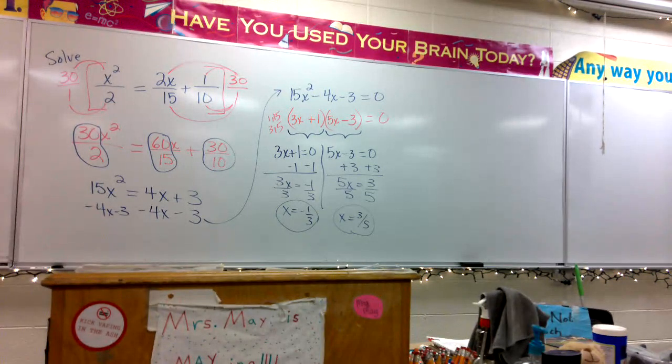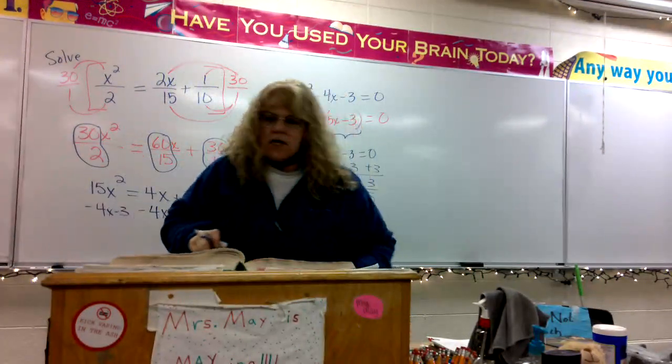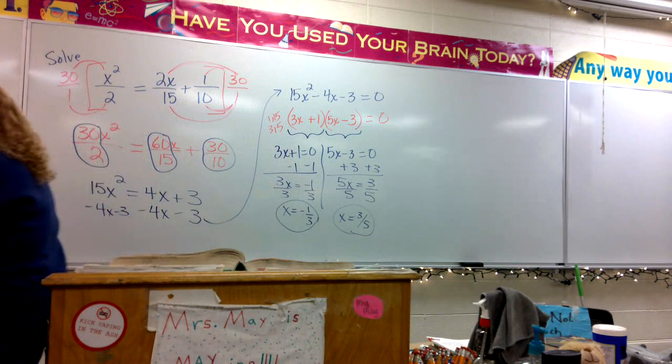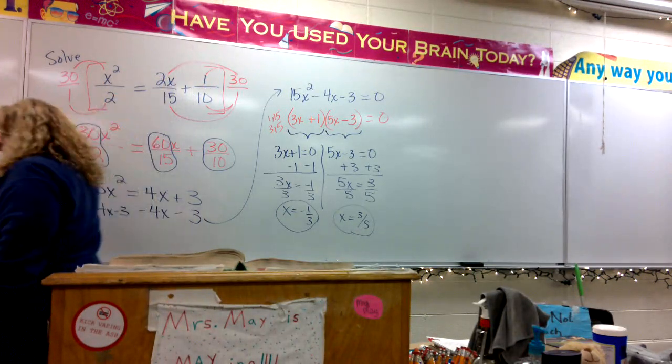x over 8 minus (x minus 2) over 3 is greater than or equal to (x plus 1) over 6 minus 1. So a couple of things we're going to do first. Do you see over here I just had one term, one term, one term?